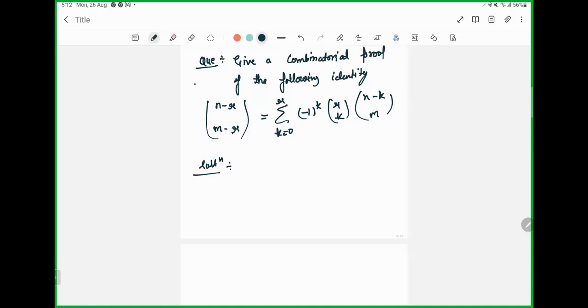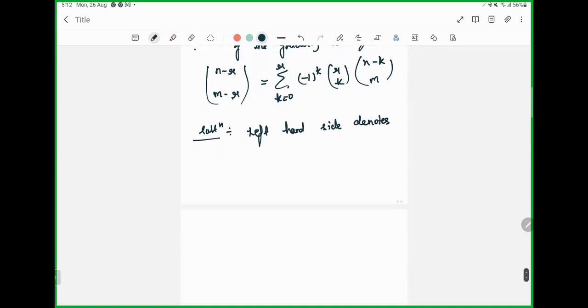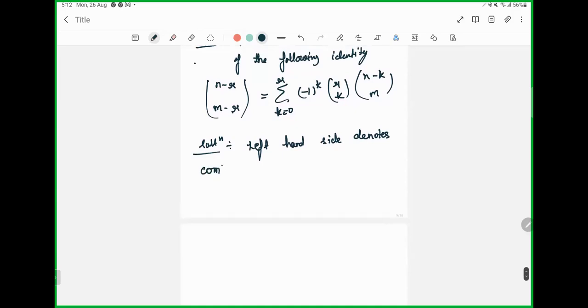What is the left hand side denoting? The left hand side denotes computing m element subsets of an n cardinality set such that r elements are fixed there, which are already there.